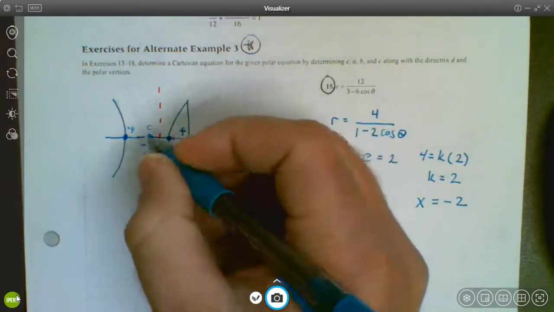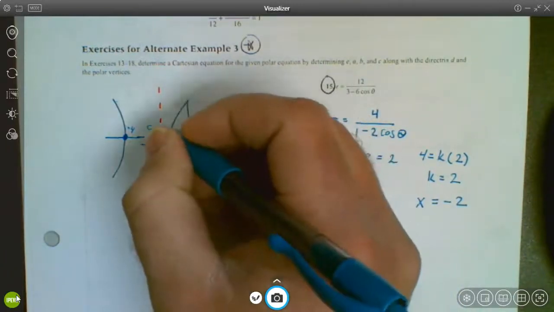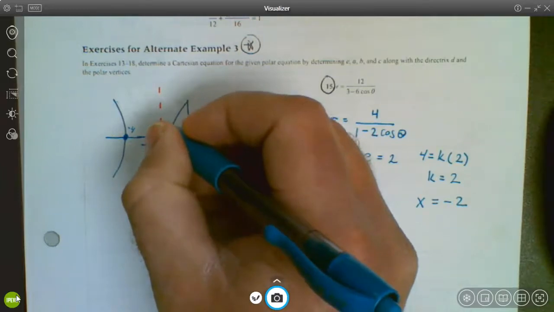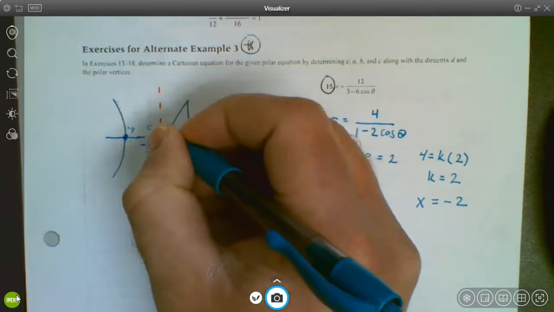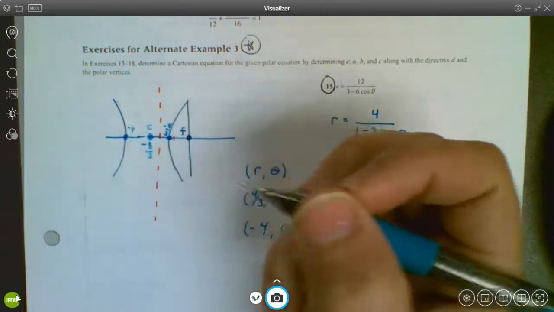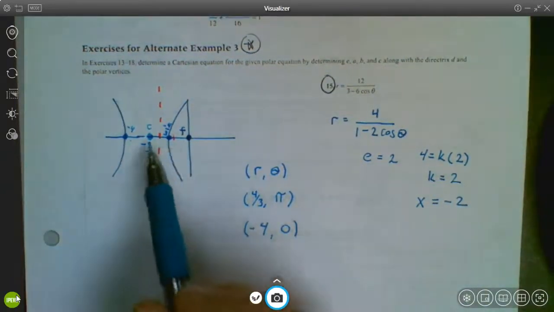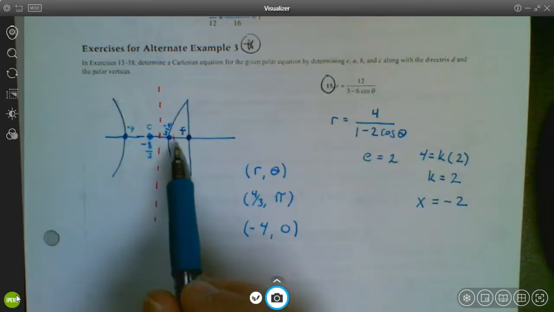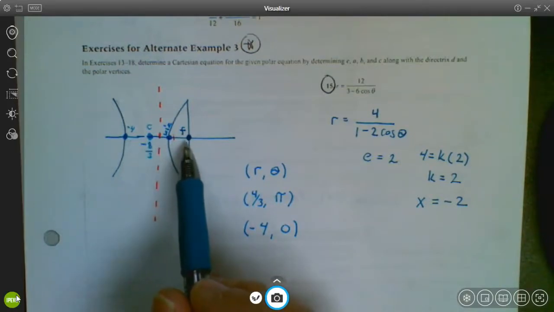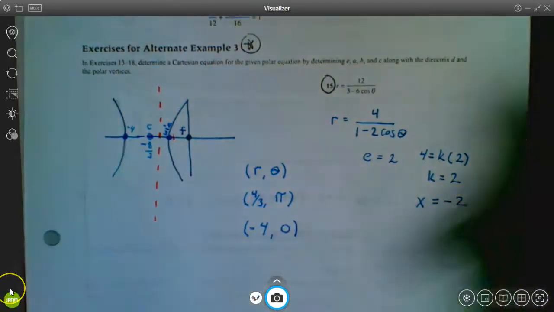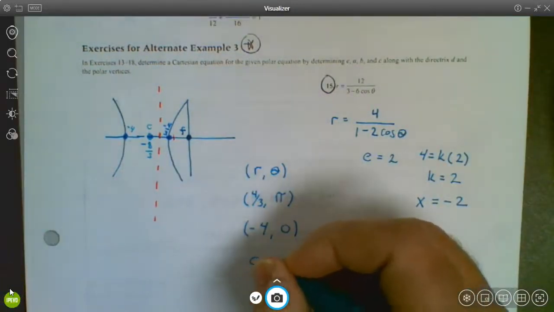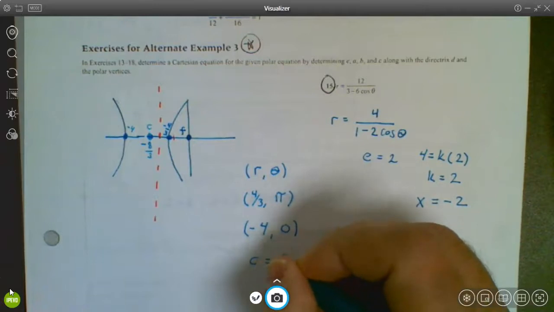But if I'm just looking at a linear form because I need to deal with distances, then technically that's -4/3 at that little point right there. So what does that tell us? That tells us that the distance from the center to either focus is 8/3. So we can recognize now our C value is 8/3.